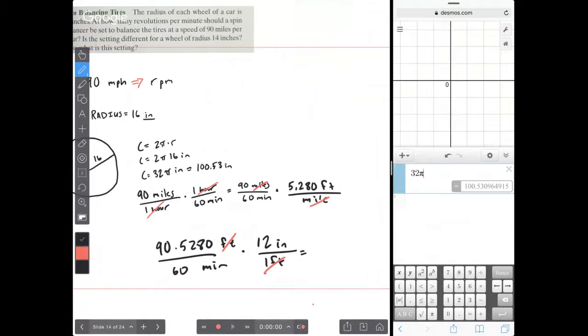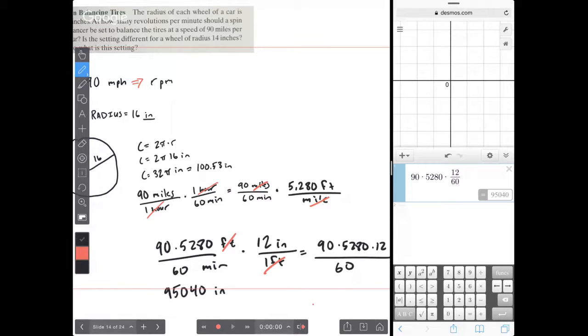So 90 times 5,280 times 12 over 60 is 9,540 inches per minute.